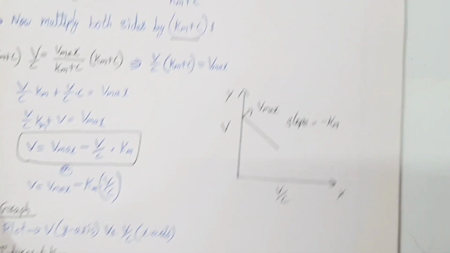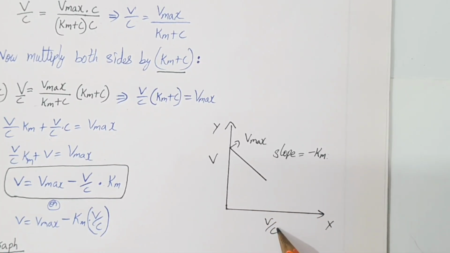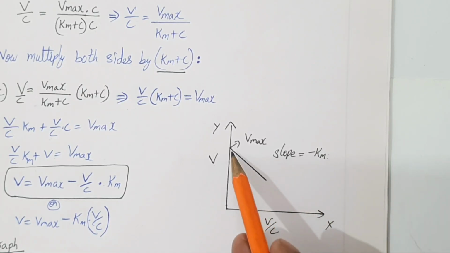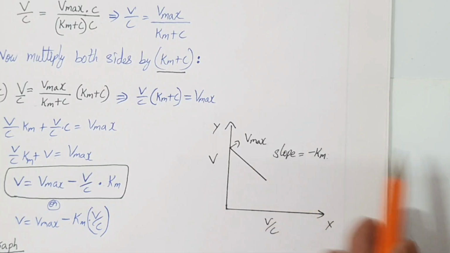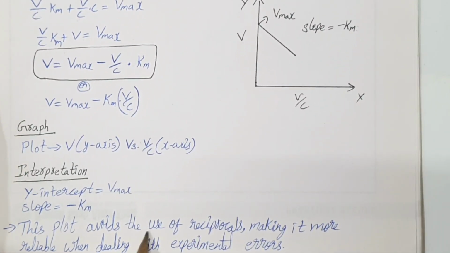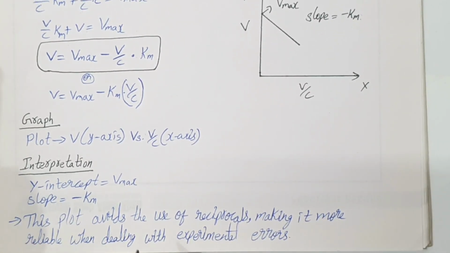You can see here in the graph, on the y-axis we are taking V and on the x-axis V by C. This plot avoids the use of reciprocals, making it more reliable when dealing with experimental errors.